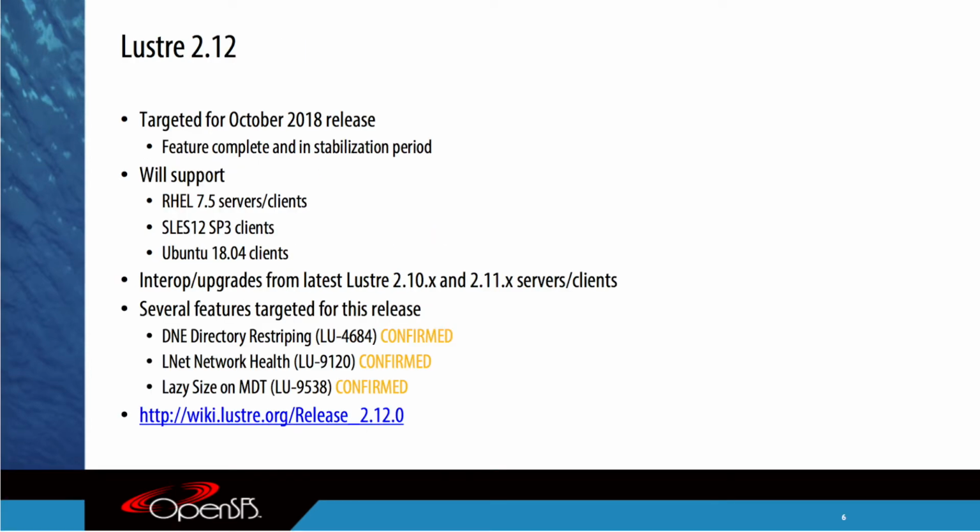Finally, talking of large releases, the main release we're working on at the moment is the Lustre 2.12 release. When we set the targets for this at the beginning of the year, we aimed to have it for the end of this month.